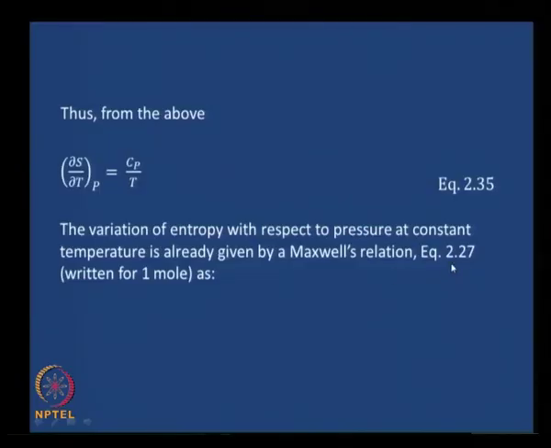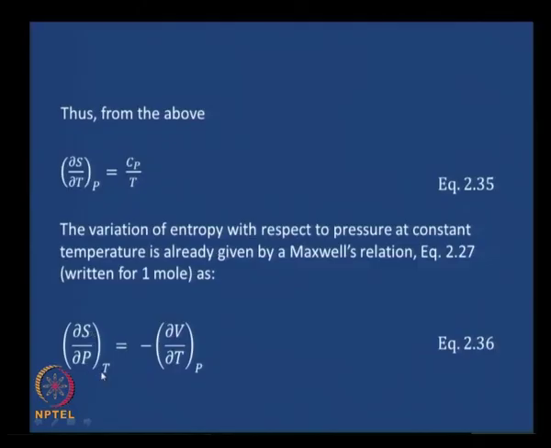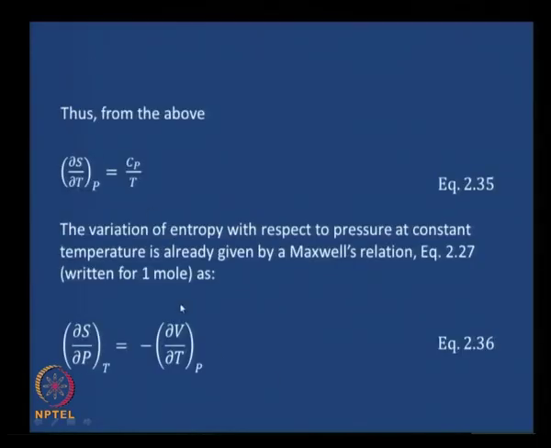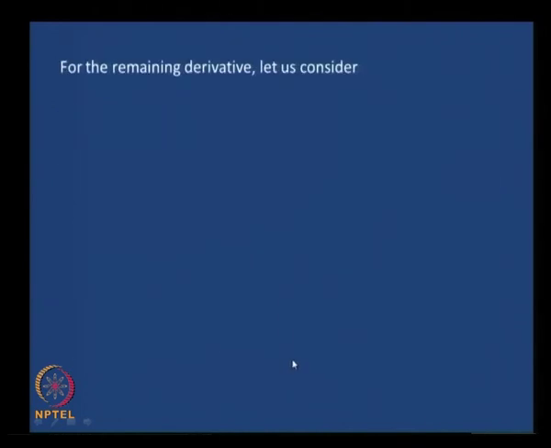Actually equation 227 written for 1 mole was ∂S/∂P at constant T equals minus ∂V/∂T at constant P. Let us call this equation 236 here, and therefore that takes care of 3 different parts of the question. There is one more part that is remaining.